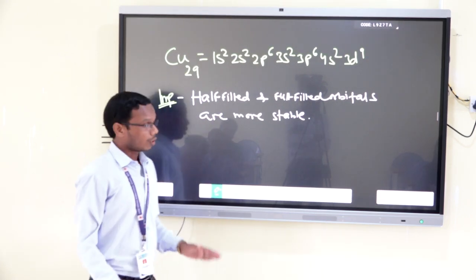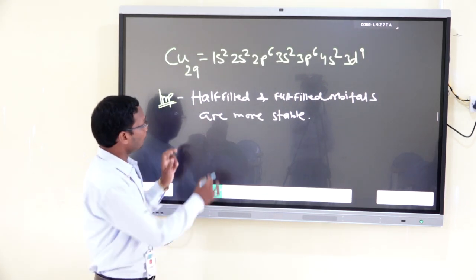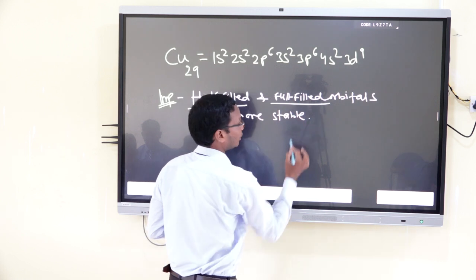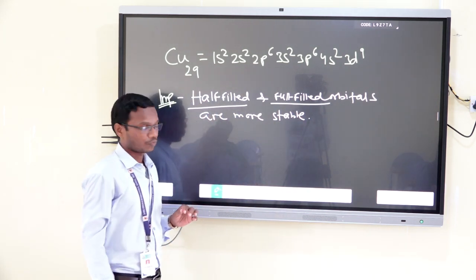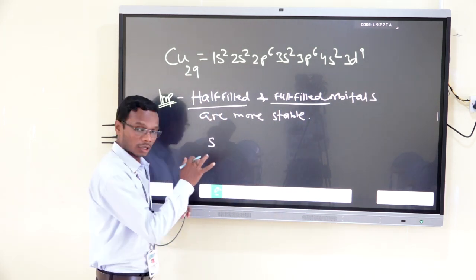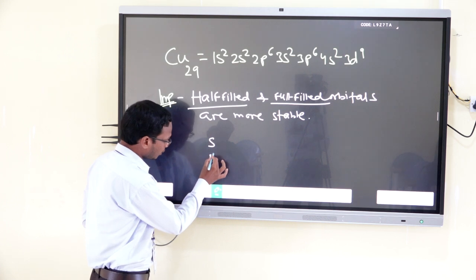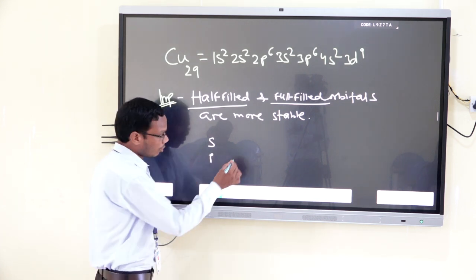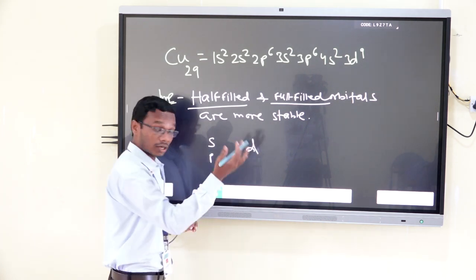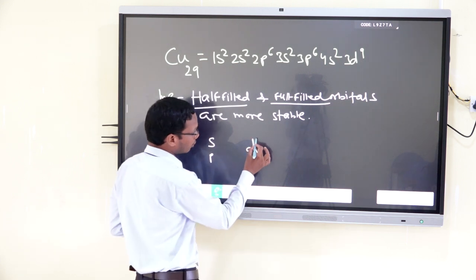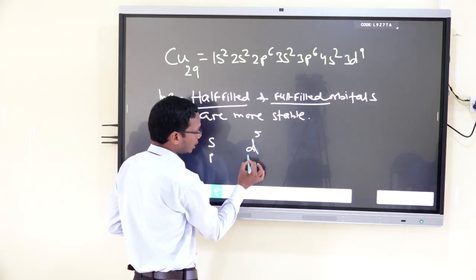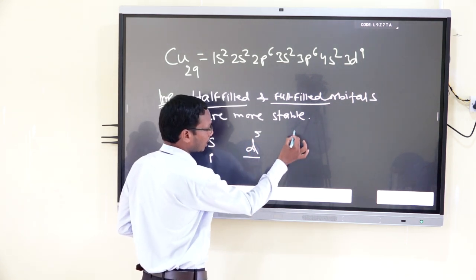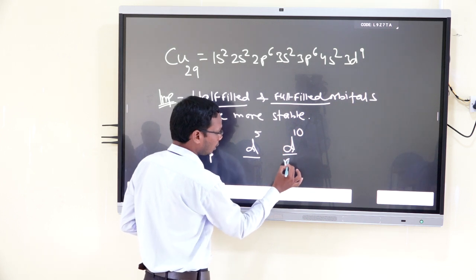Listen carefully. Whenever you consider half filled or full filled orbitals, these are more stable. S orbital is lower energy level, p orbital is a little higher energy level, but d orbital is higher energy level. If d orbital has 5 electrons, it is half filled. If d orbital has 10 electrons, it is full filled.